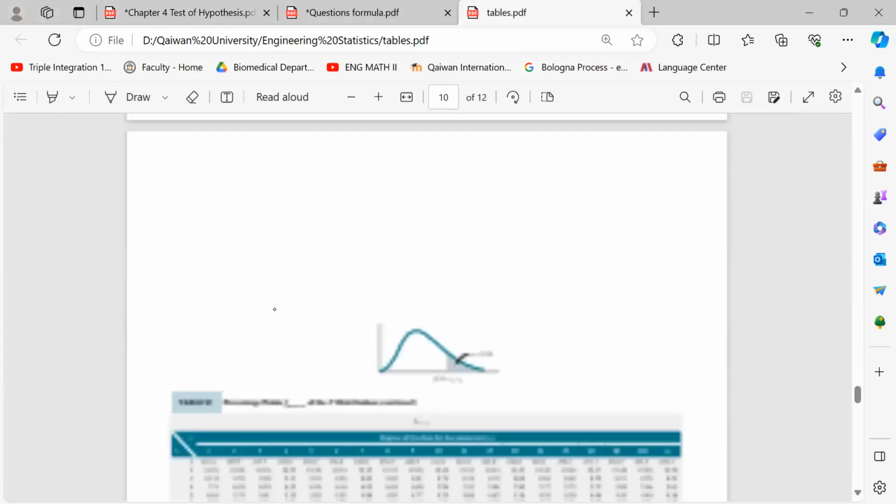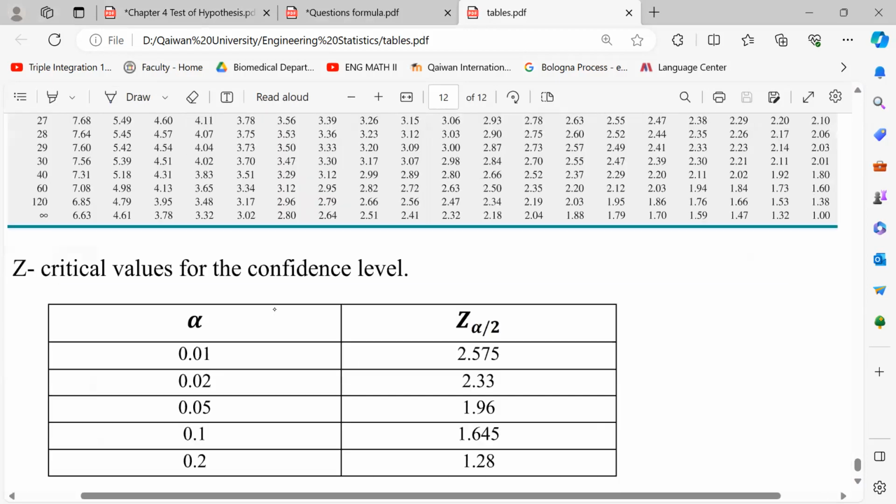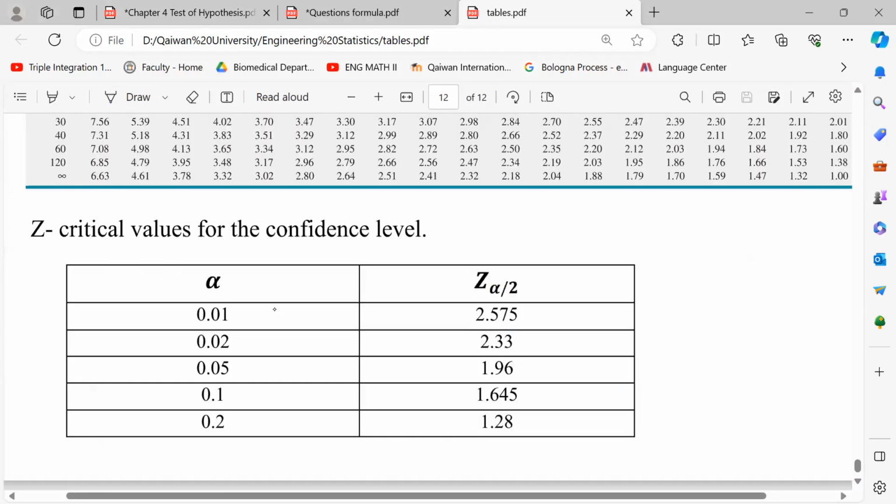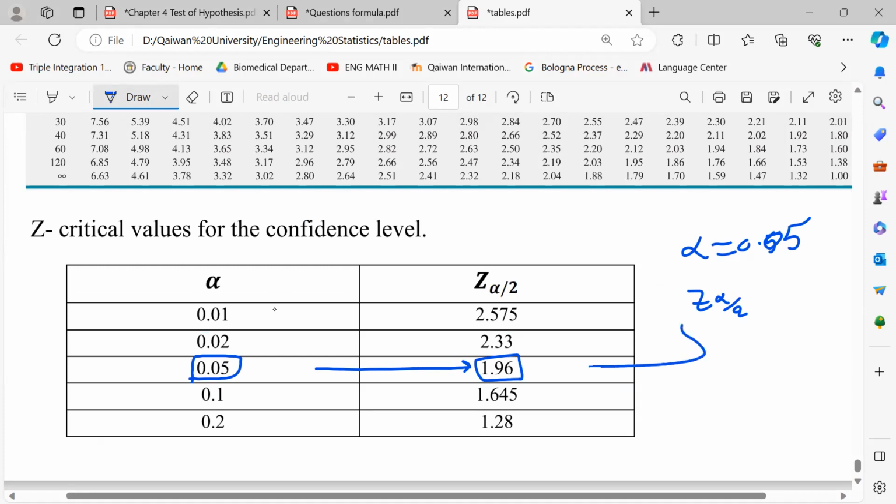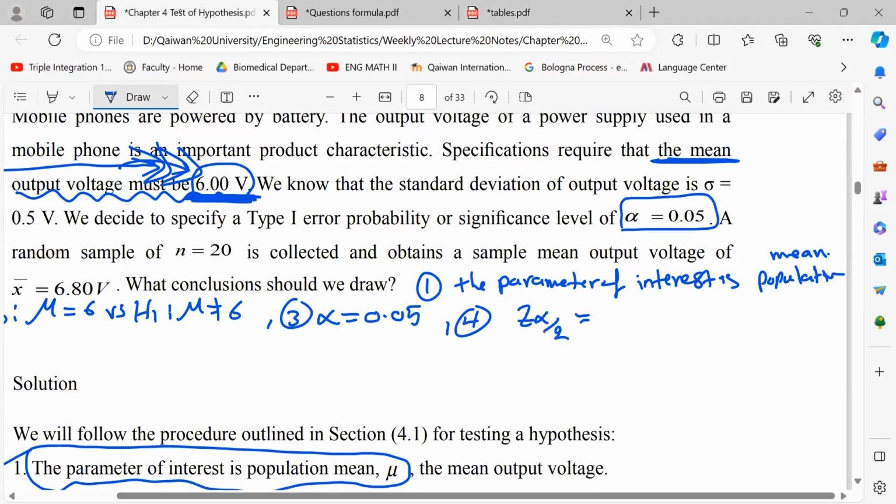Z of alpha over 2, we get from this small table, the last one in the list of tables. If alpha is 0.05, Z of alpha over 2 is 1.96. We have given that alpha is 0.05, and we need to find Z of alpha over 2. So Z of alpha over 2 is 1.96.